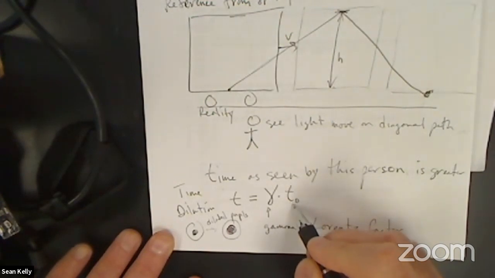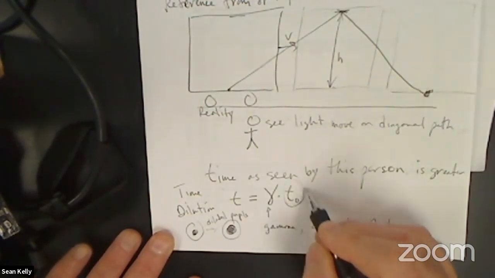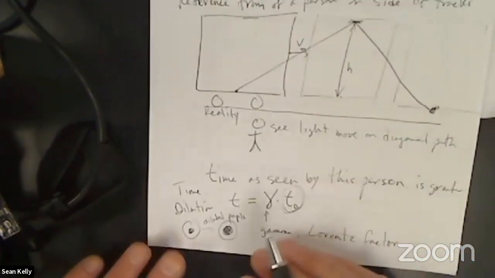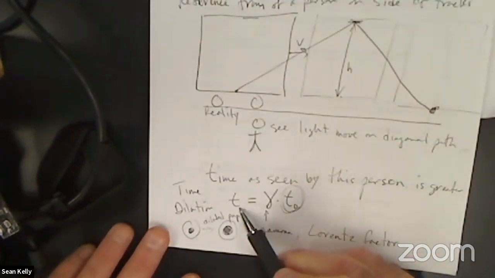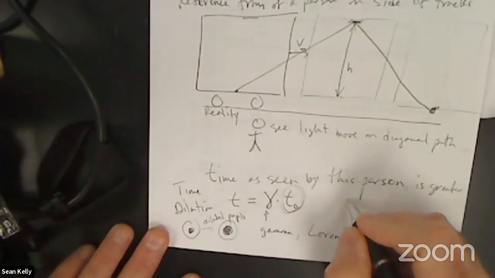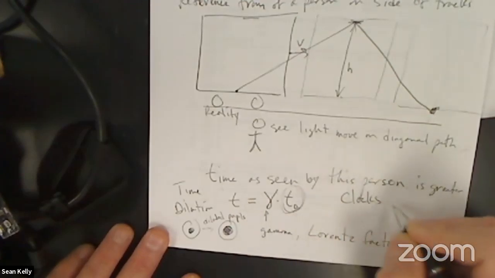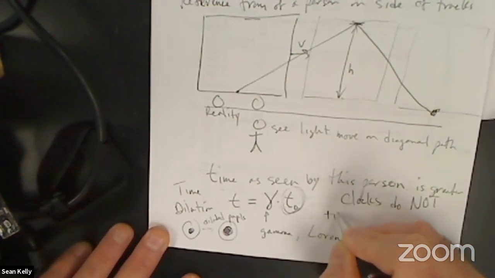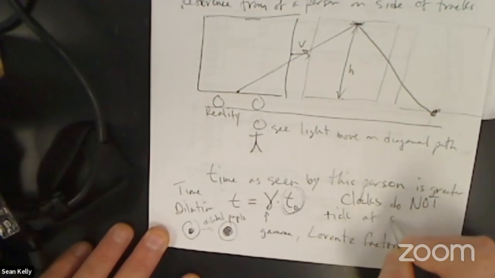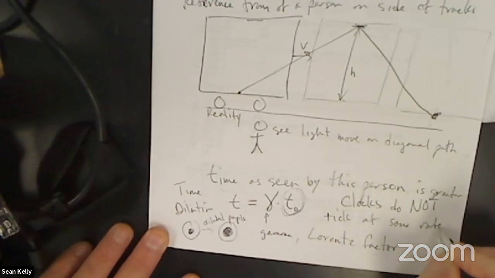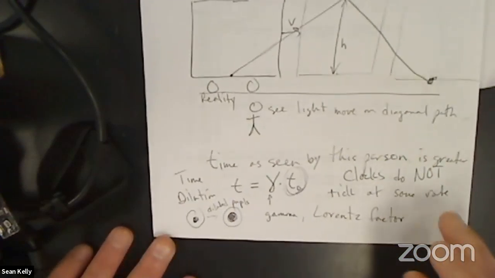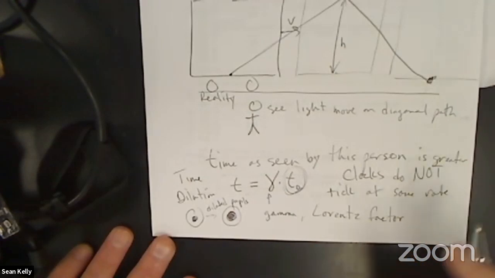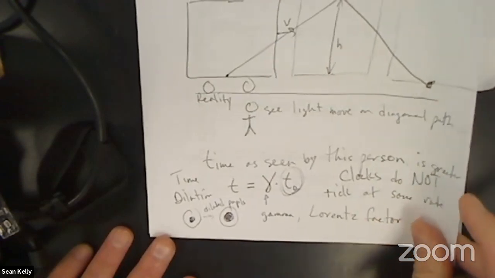They see each moment that is lived by the person on the train car to be stretched out, and therefore it takes longer for them. So the crazy thing is that clocks do not tick at the same rate. Okay, this is kind of crazy. This is our first effect called time dilation.